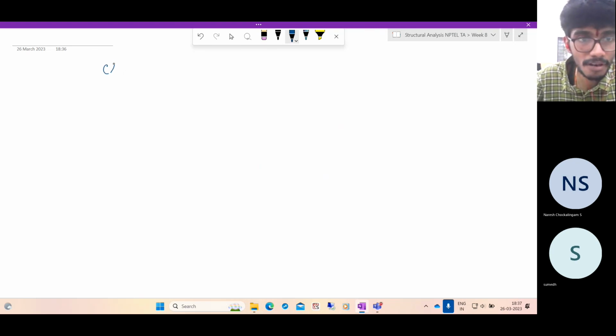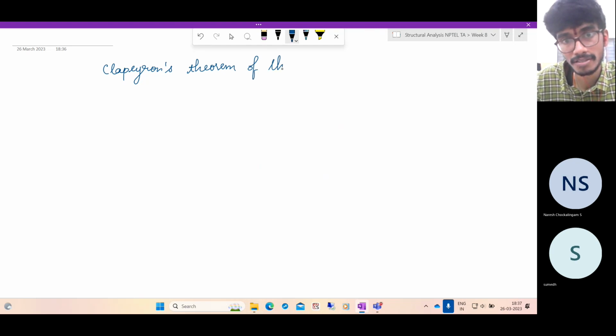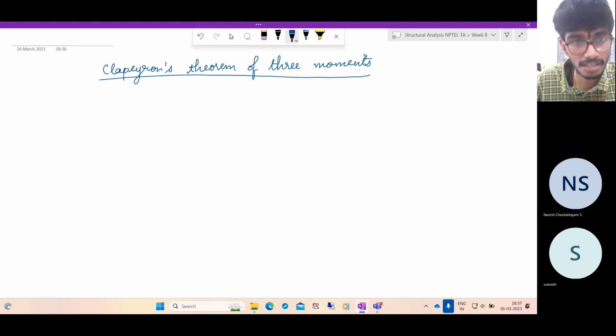The other method is Clapeyron's theorem of three moments. So this is very useful when we have, this is a simplification of the method of consistent deformations applied to continuous beams.